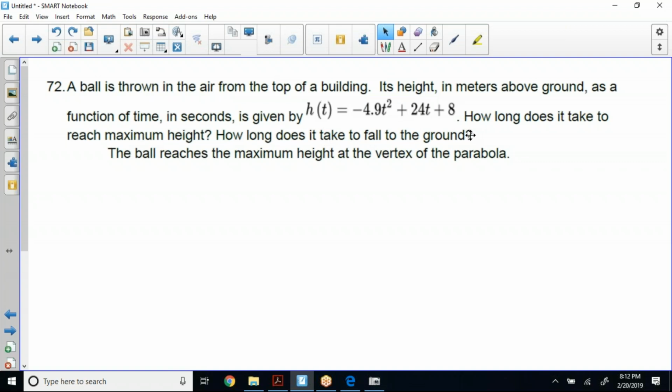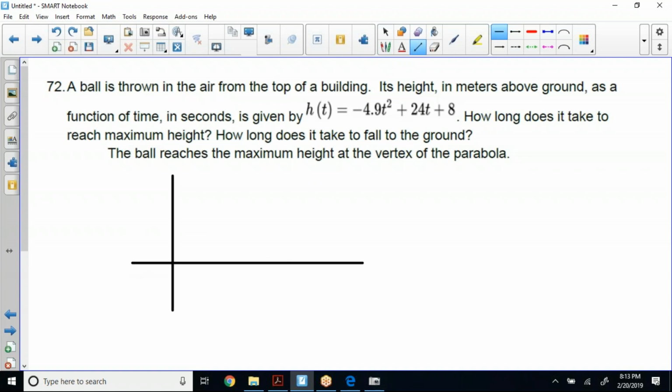If it started from the ground initially, which would mean that it wouldn't have a constant, the constant would be 0. Then once you found the maximum time or time it took to get to the max, you double it, and that would be what it would be for hitting the ground. But you can't on this one, because if you look at it from a graph standpoint, this baby is not starting here.